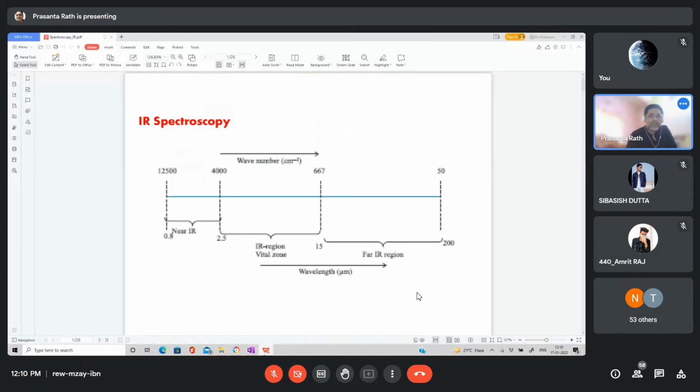vital for you. So if you look at this slide, can you see the slide? आपको स्लाइड दिख रहा है तो?